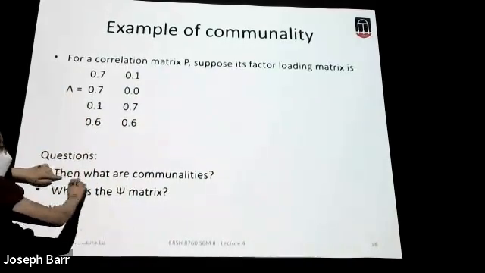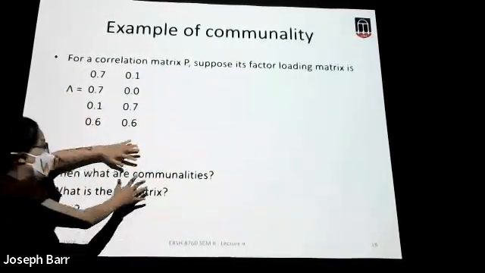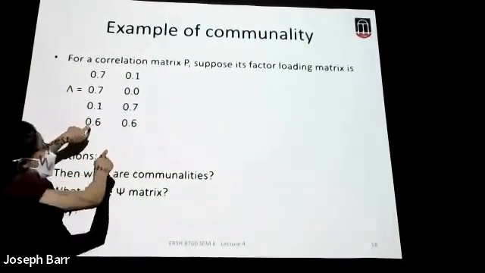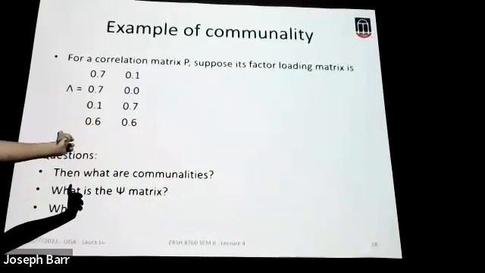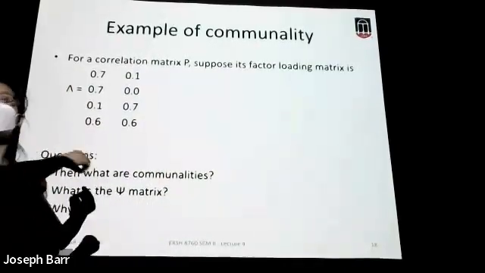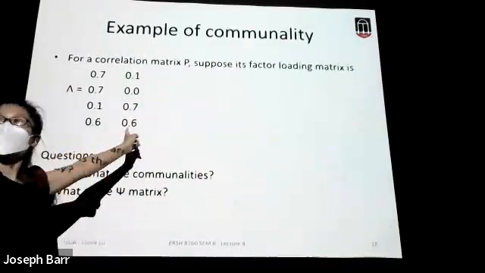The question is, what are the communalities? What is the psi matrix? Before we answer these questions, let me ask you, based on this lambda matrix, how many variables are in this case? If I just give you this lambda, do you know how many variables are in this model?